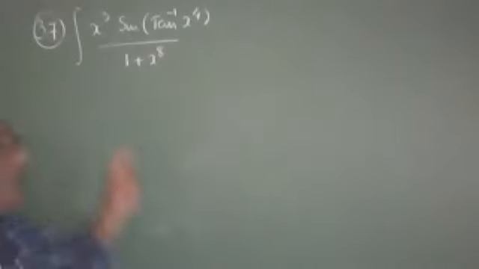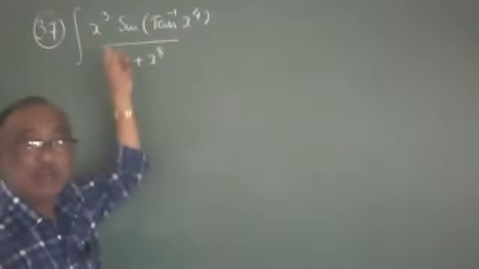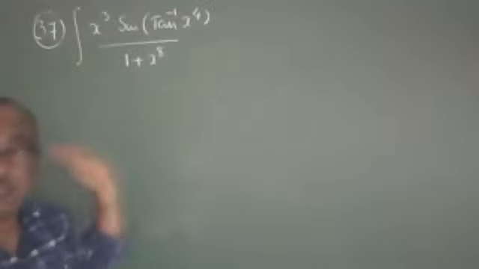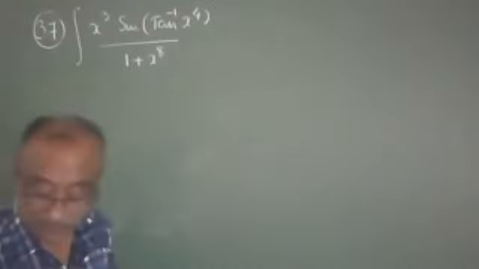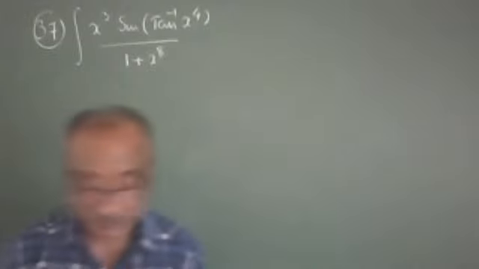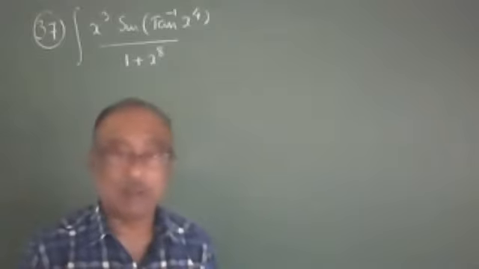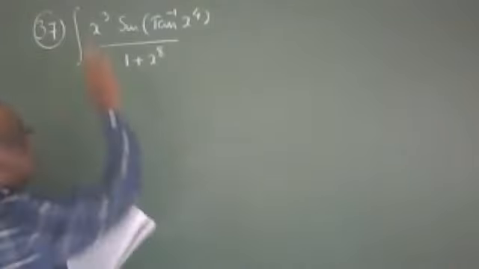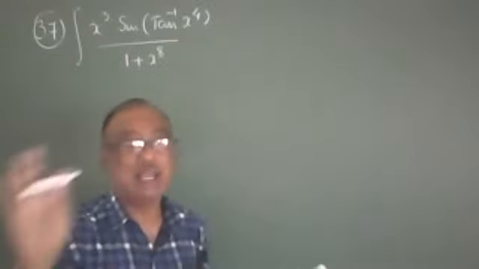X cube, the derivative of x power of 4 we get is 4x cube, already x cube is there. One point is clear. Second point: x power of 4, let it be t.